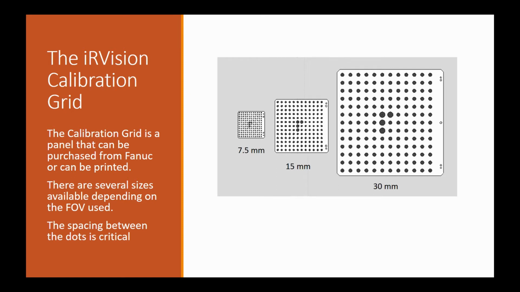The dots are arranged in a specific spacing with an orientation that defines the X and Y axis direction. So you see here in this image, we've got 3 different types of calibration grids available. We have a 7.5 millimeter, which tends to be the smallest, a 15 millimeter spacing, and a 30 millimeter grid spacing. The spacing refers to the distance between the individual dots.